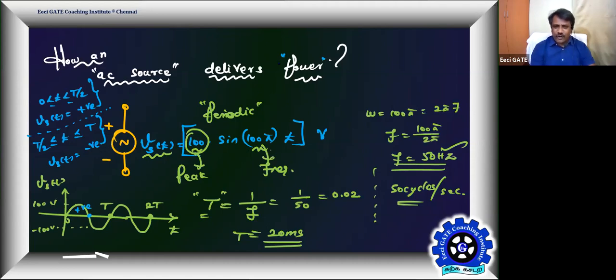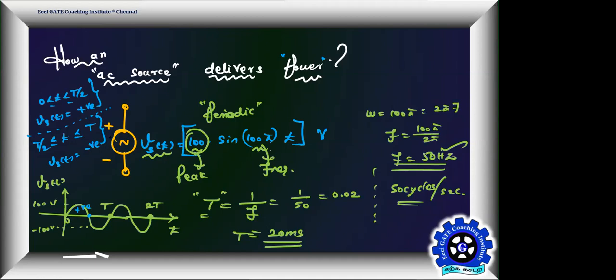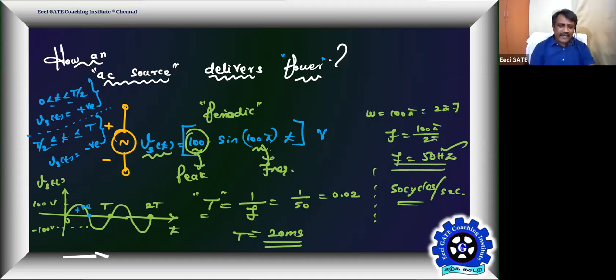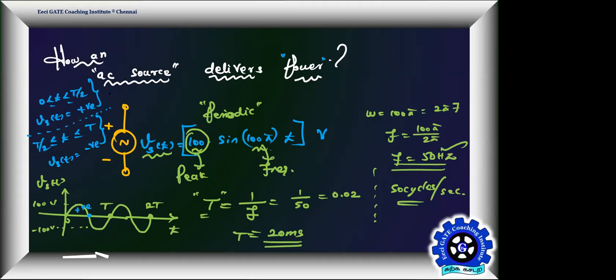Okay, so no problem because of the negative sign. Its value is becoming negative during T by 2 to T. That's not an issue. Or it can deliver power in the positive cycle and absorb power in the negative cycle, maybe like that also. We'll see.